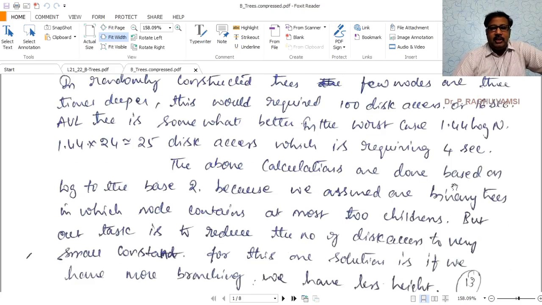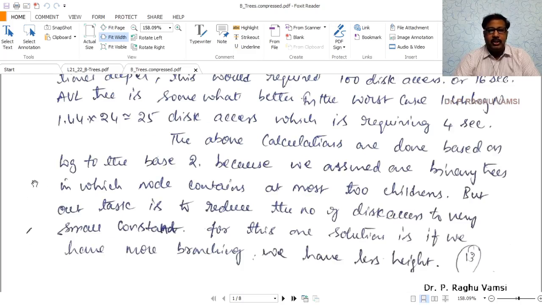The above calculations are done with log to the base 2, because normal binary search trees, worst case binary search trees or AVL trees are binary trees, in which a node has at most 2 children.